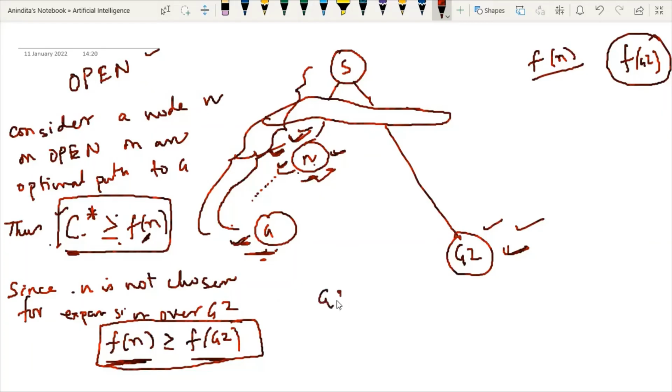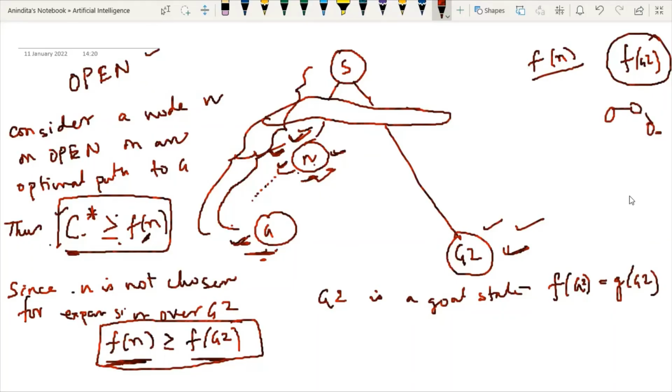And now we can say that G2 is a goal state. G2 is the goal state means what can we write? We can write that f(G2) is equal to g(G2), because whenever any goal state is reached, at that point of time, these two values will be equal.